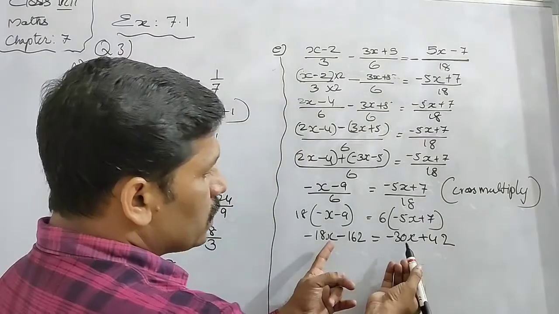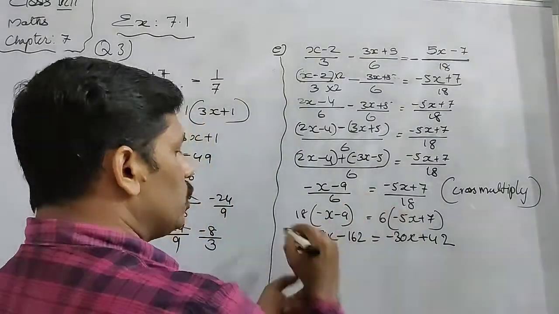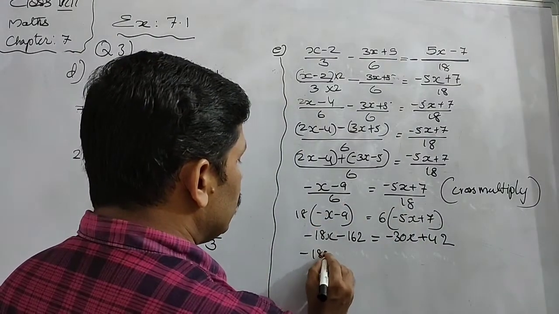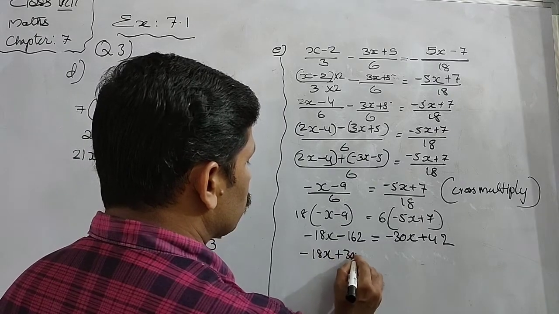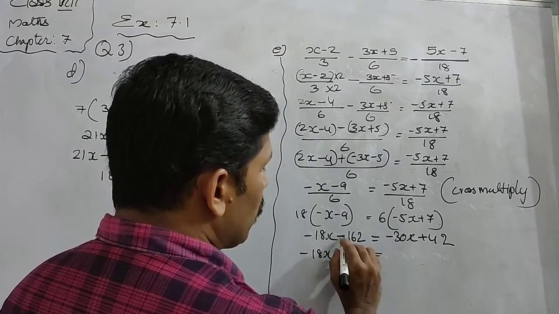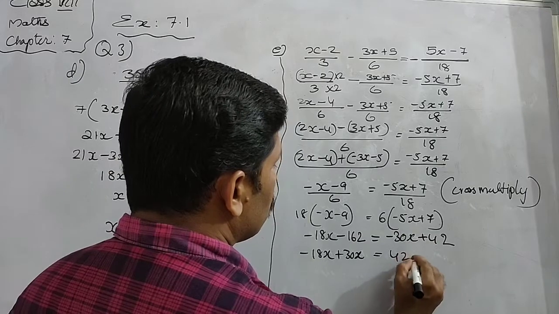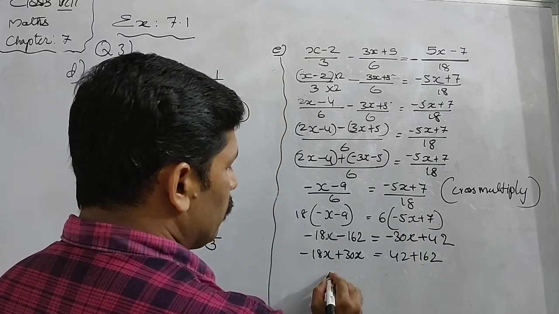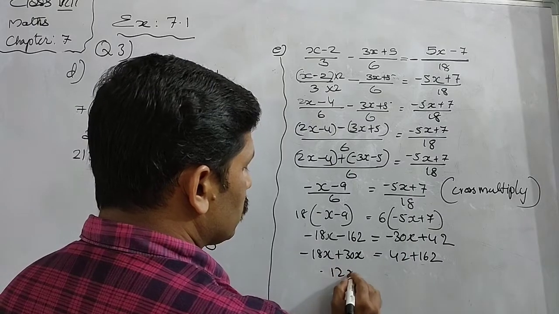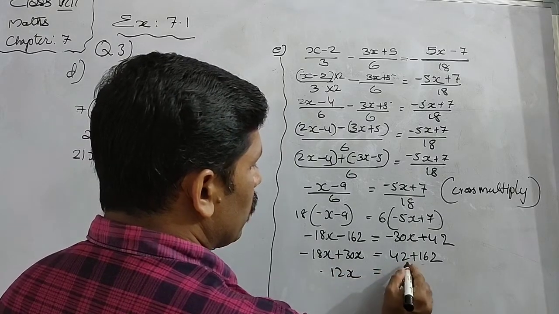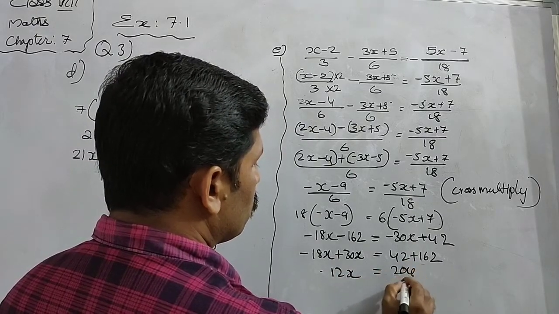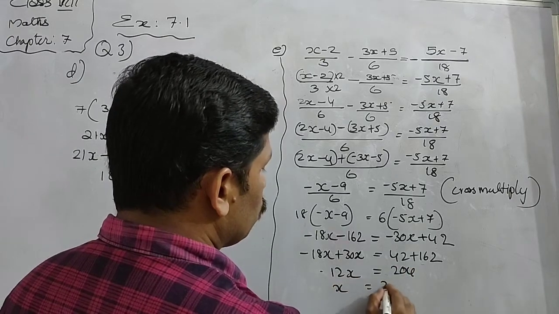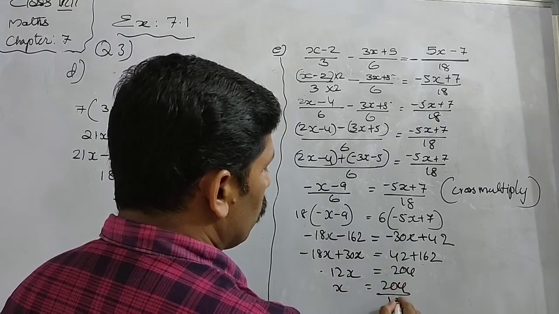Now here you can see x on both sides, so we bring to one side. Negative 18x plus 30x is equal to this 162, we bring to the other side, plus 162. So students, here we subtract, then we get 12x and here 204. Therefore x is equal to 204 divided by 12.